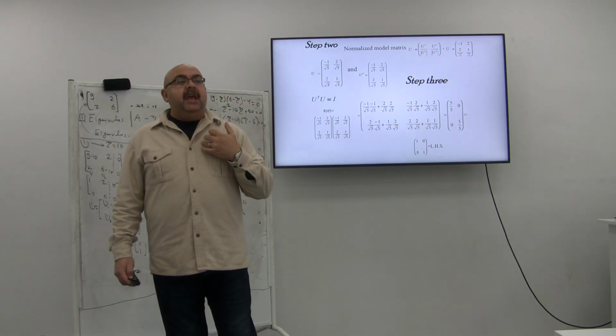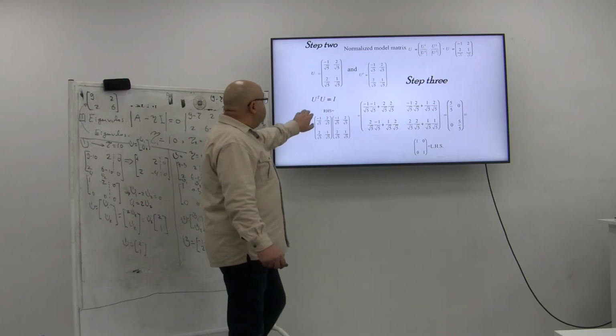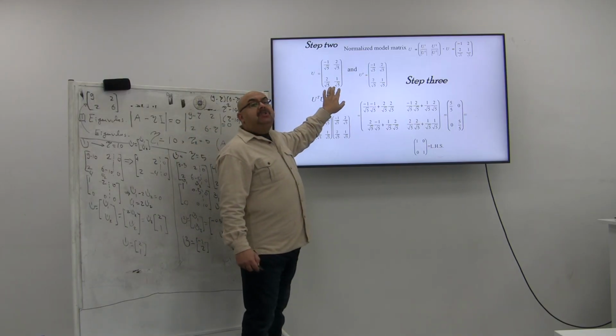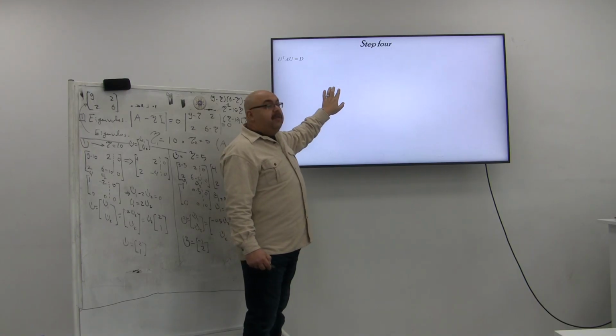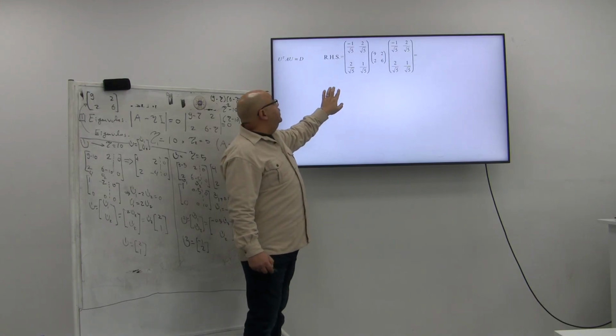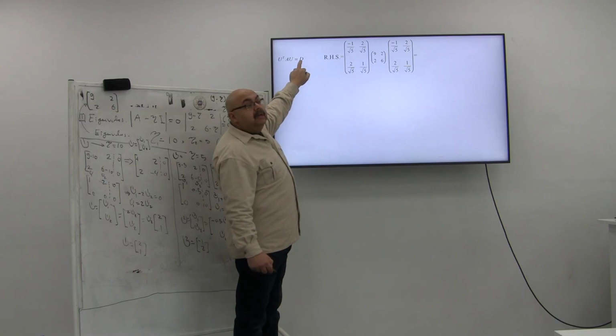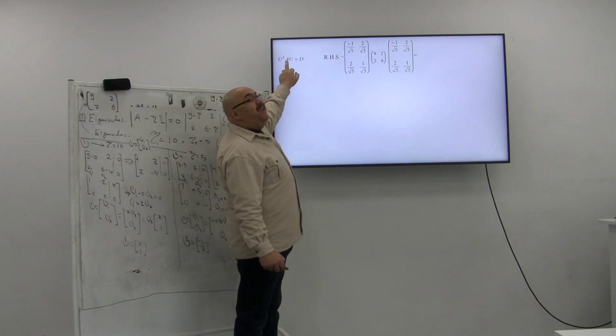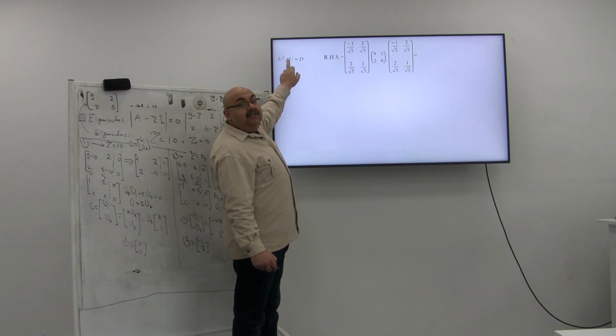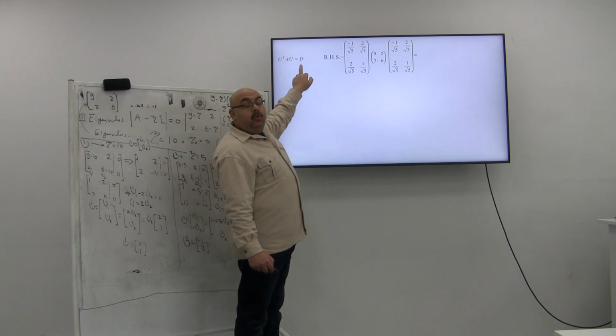Also, this matrix is the matrix responsible for the diagonalization. Look at the wonderful property that you will have. Now I can get D, which is similar to A, okay? And D is a diagonal matrix with the eigenvalues as the elements of the principal diagonal.